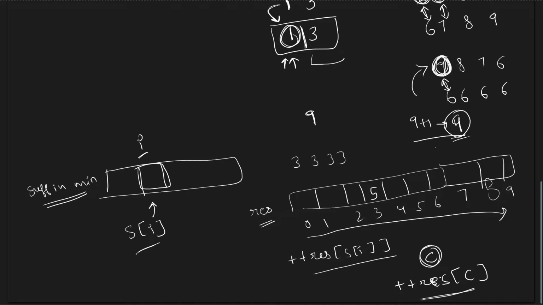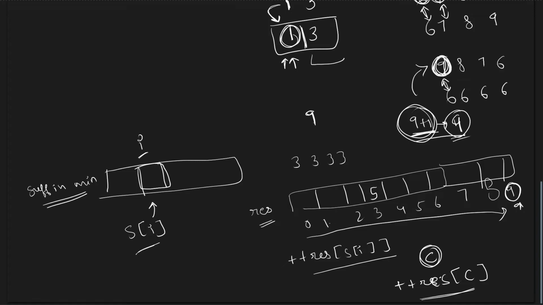Because as I've already told you, when I increment this particular value, I can place it anywhere in my string. So I would definitely place it at the end, at the last position, and this will follow for all the elements present in the string.